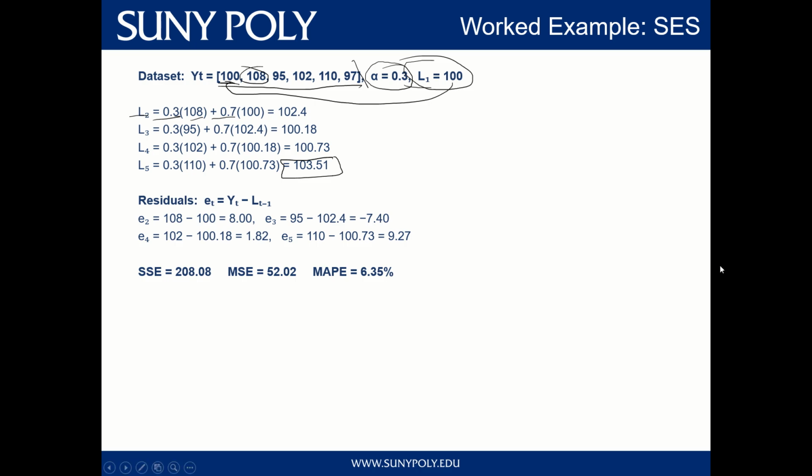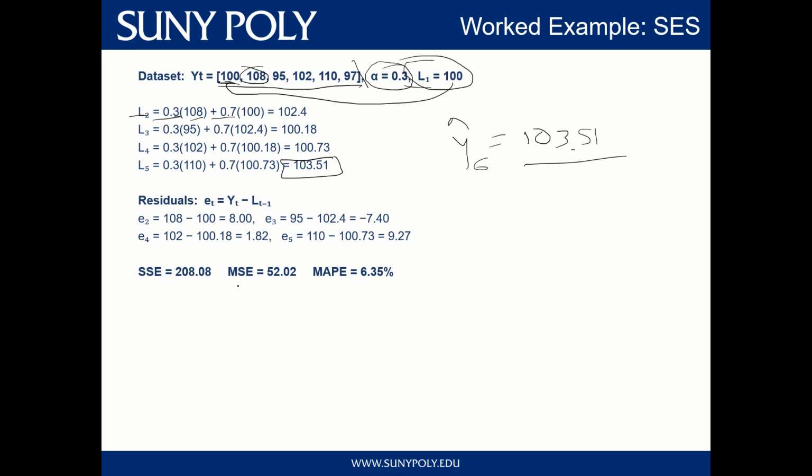So if someone asks me, okay, what is the y hat for period 6, then that will be just the last level that we found, which is 103.51. If you want to predict period 7, it will be the same value in this case because it's a constant. That's not the same case for the double exponential smoothing that we will discuss shortly.